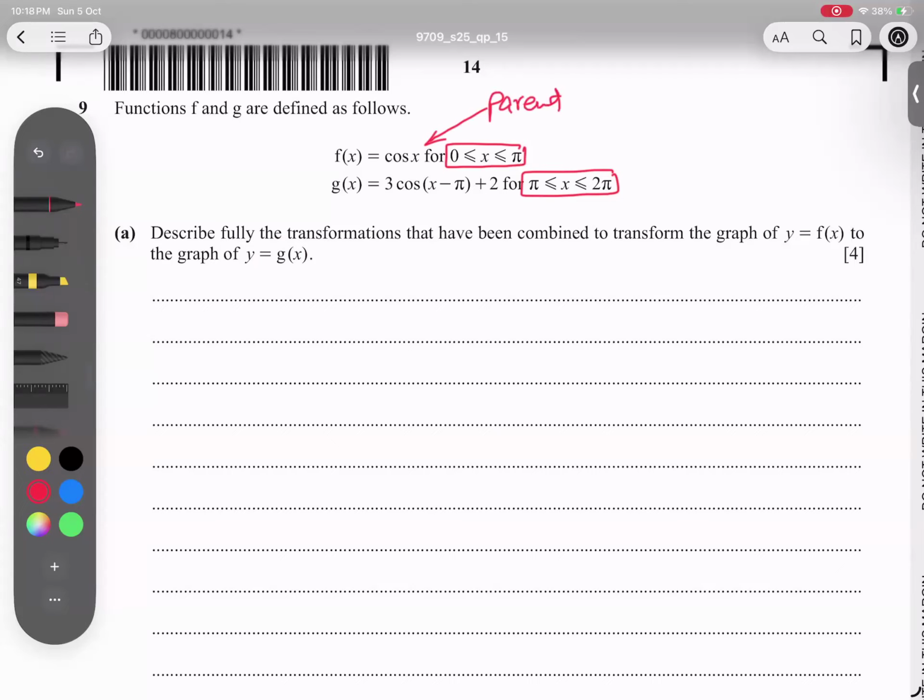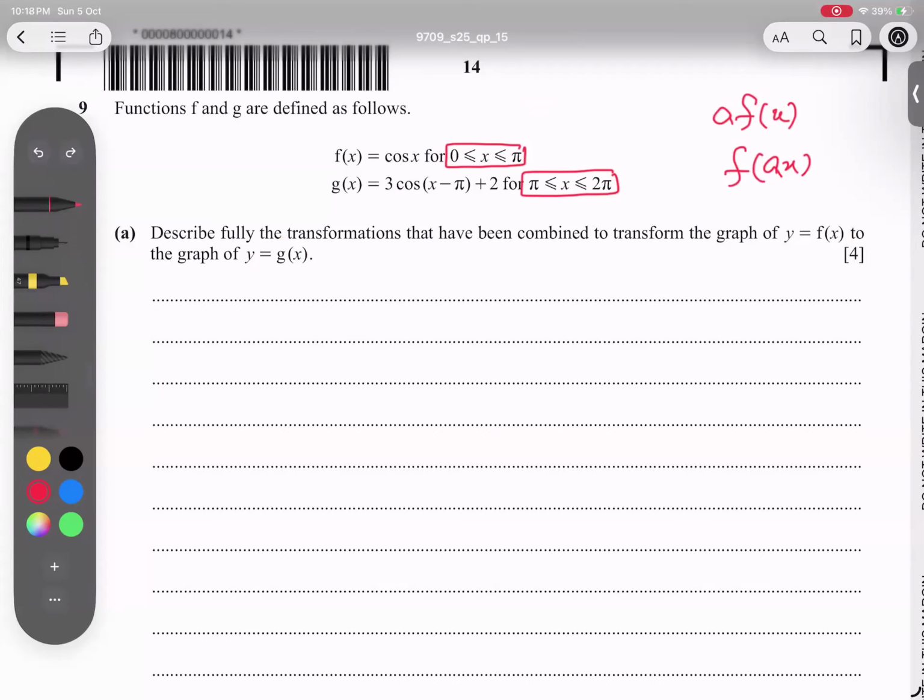So how can we do it? Let's try. First of all, do you know about the outside multiplying factor? I tell you, if you multiply outside, this is called a stretch parallel to the y-axis. But if it's inside, this is called a stretch parallel to the x-axis. This is very clear. But it's outside, so I'll start from here.